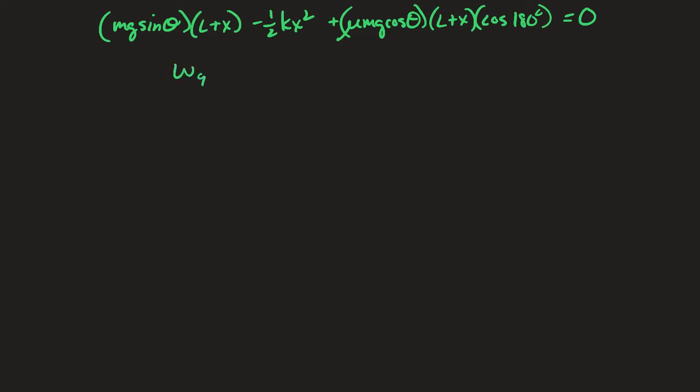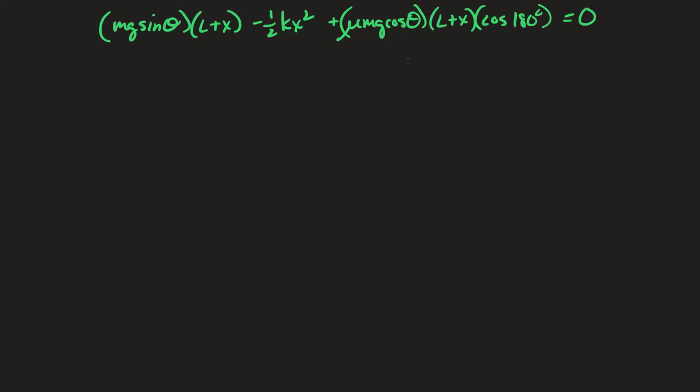Work from gravity plus work from the spring plus work by friction equals 0. All right, we've added up all three forms of work. Now, here's the part that's just hilarious. We're supposed to be solving for x.